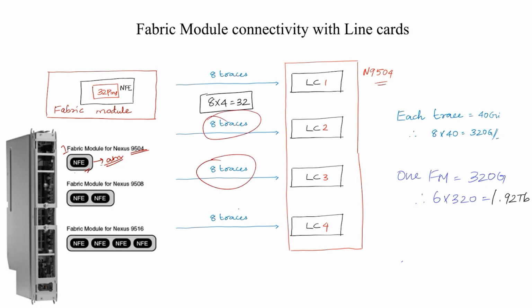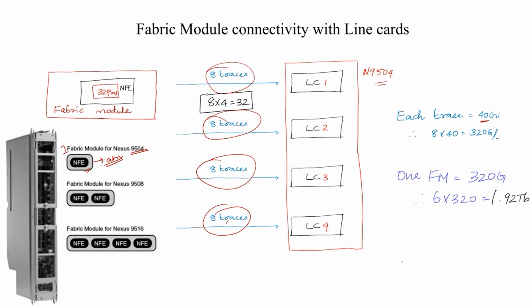Everything is connecting at 8 pins. Okay. Totally 32 pins. Each trace is capable of 40 gig. Therefore, this one line card has 320 gigs with the fabric module.